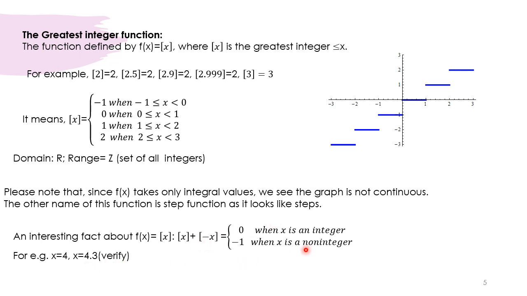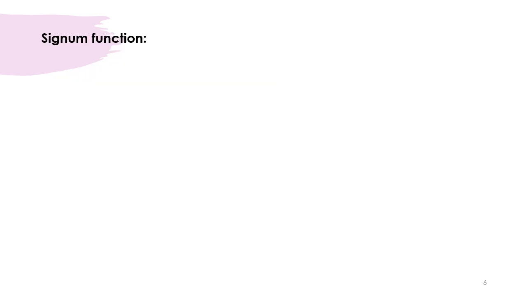And if it is non-integer, suppose x = 4.3, the bracket value of 4.3 will be 4. What is the bracket value of -4.3? It is -5. So 4 minus 5 is equal to -1. So when it is non-integer, you get -1 here.